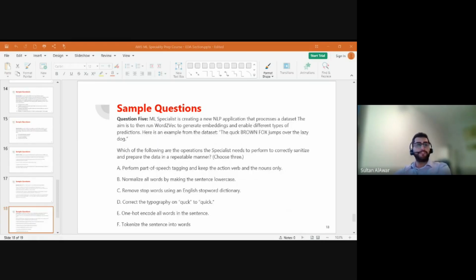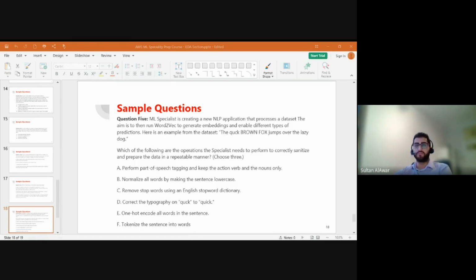Question 5, they are telling us an ML specialist is creating a new NLP application that processes a data set. The aim is to then run Word2Vec to generate embeddings and enable different types of predictions. Here's an example from the data set: "The quick brown fox jumps over the lazy dog."